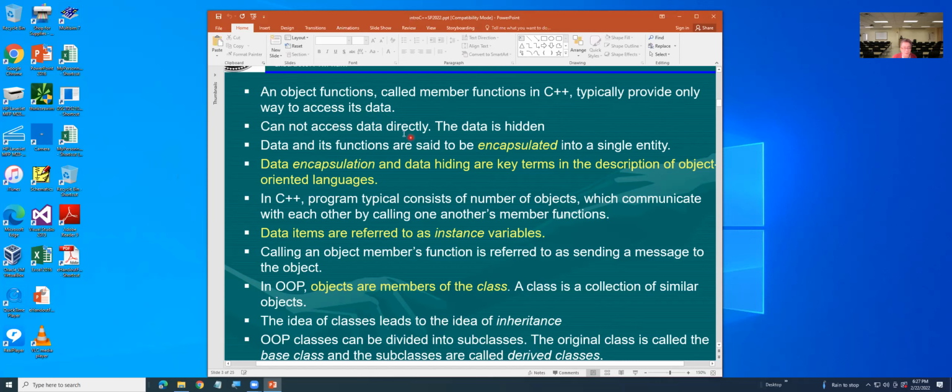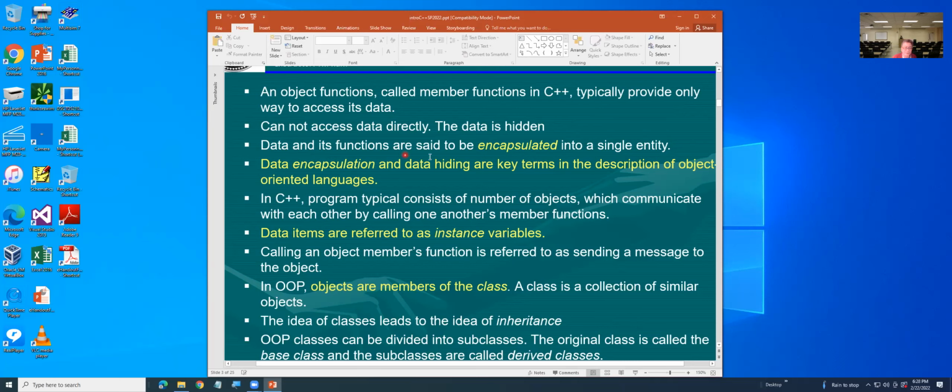You have to let them know your account, and anything else they need to verify before they give out the money. And they say the data is hidden. That means you never know your money anywhere.